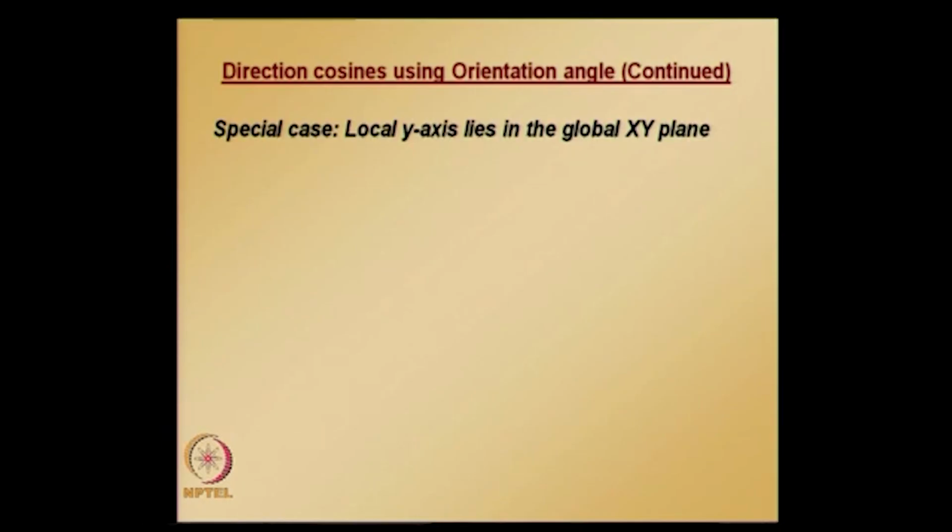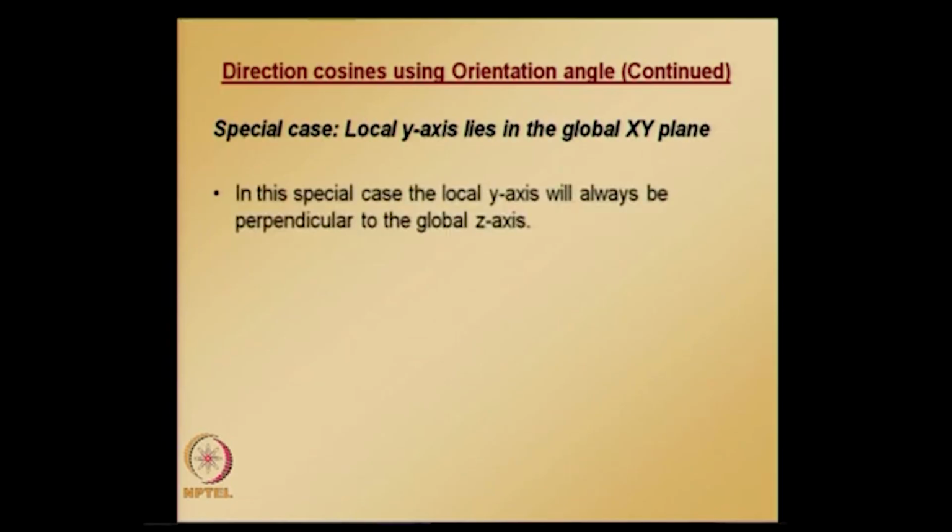Here we are looking at a special case where the local y axis is in the same plane as global xy. In this special case, the local y axis will always be perpendicular to the global z axis.